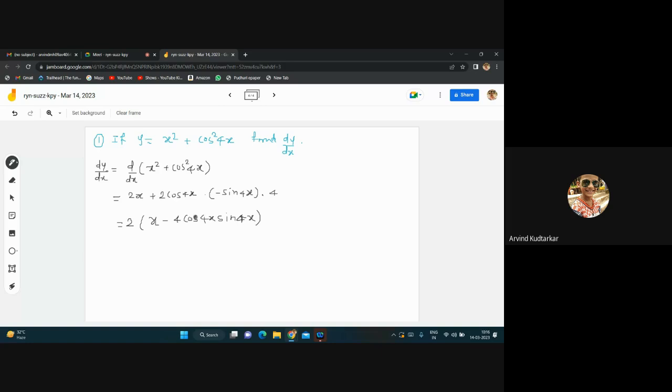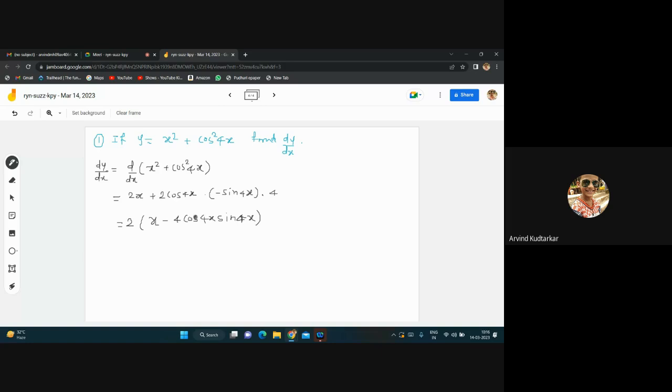Okay, so what do you actually want? cos 4x into sin 4x. It means we multiply the angle by 2 again, so 4 into 2 is 8x. sin 8x is 2 sin 4x into cos 4x. Okay. So what is sin 4x cos 4x? It is sin 8x by 2.